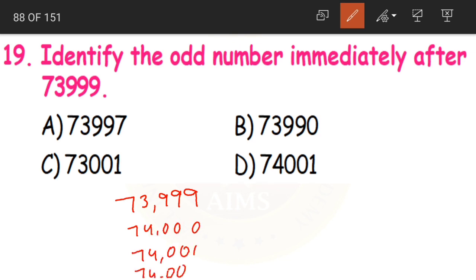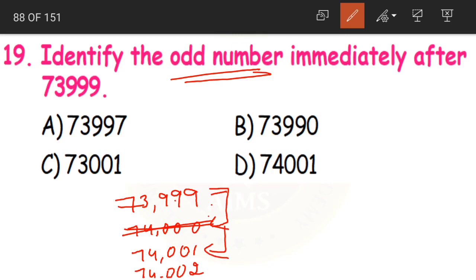Then we have 74,002 and so on. Now immediately after 73,999 we have 74,000. Is it an odd number? No. Now after that we have 74,001. Is it an odd number? Yes. So 74,001 becomes our odd number immediately after 73,999.